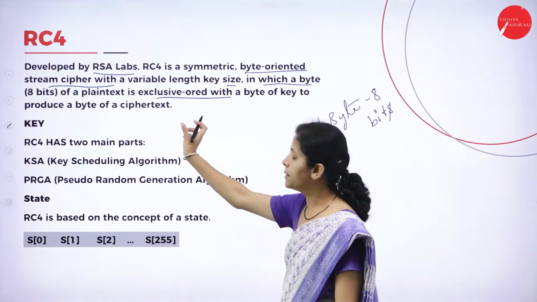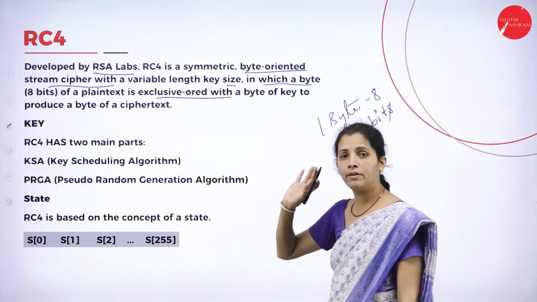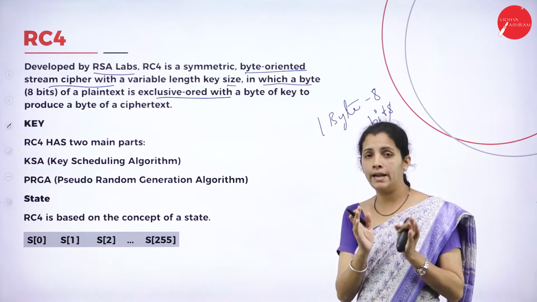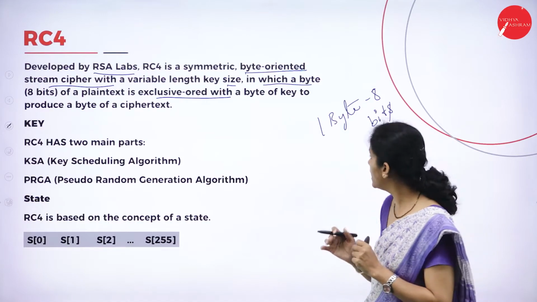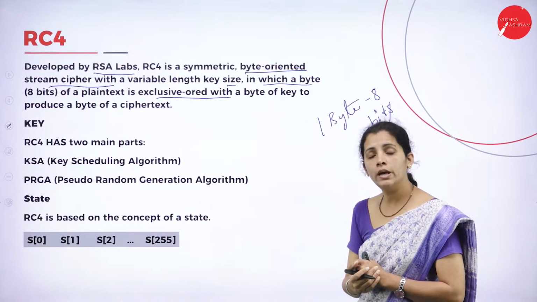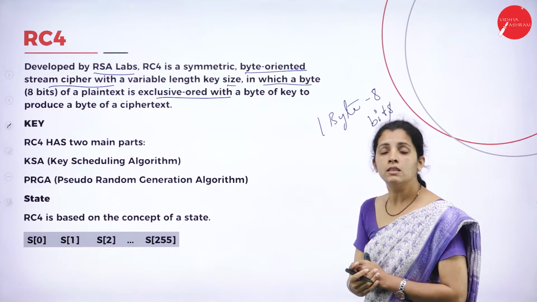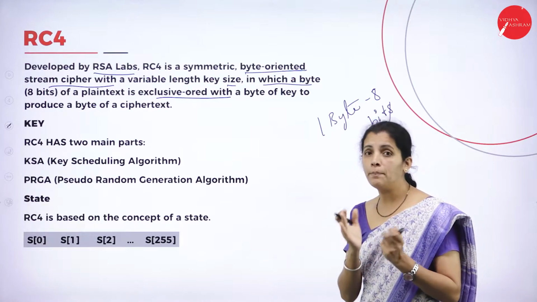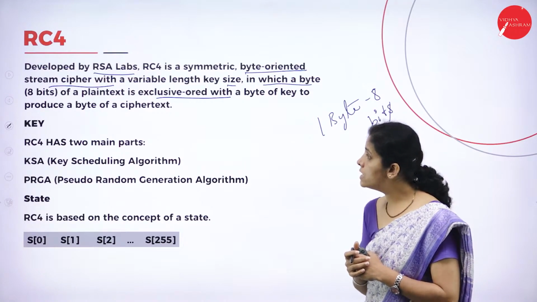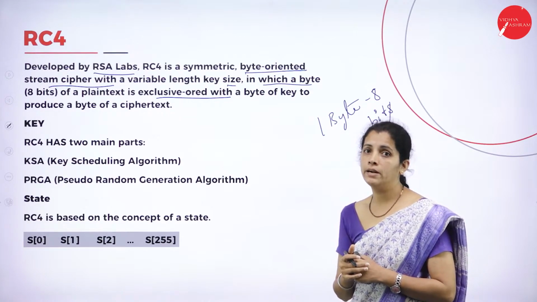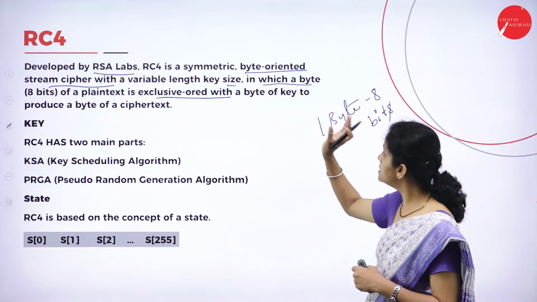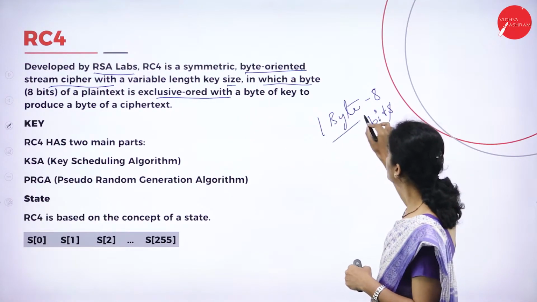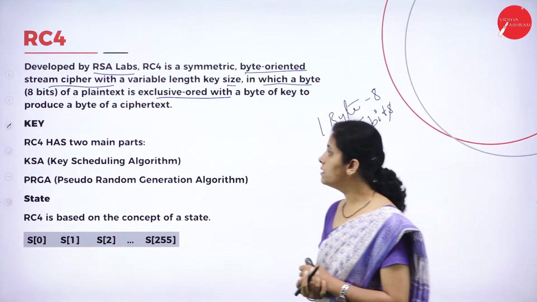So dear student, if I consider a stream cipher, I have the plain text, and the length of the plain text is only 8 bits. Now I perform the XOR operation with the plain text as well as the key in order to get the ciphertext. In a stream cipher the plain text length is 1 byte, that is 8 bits.